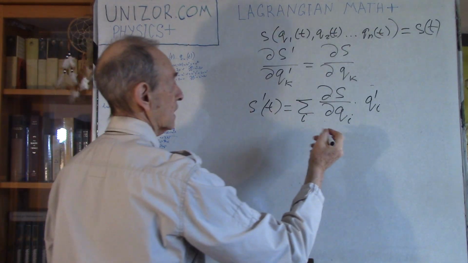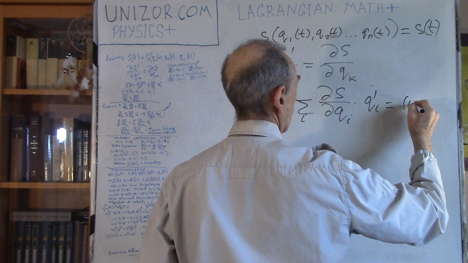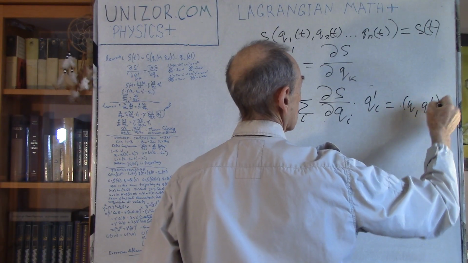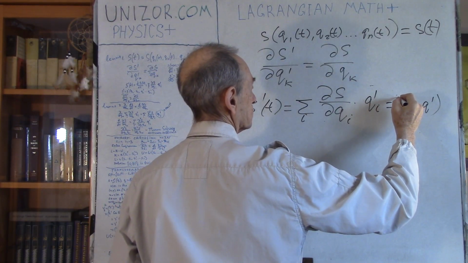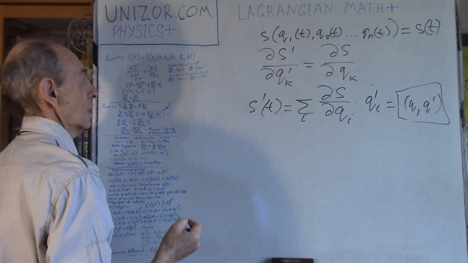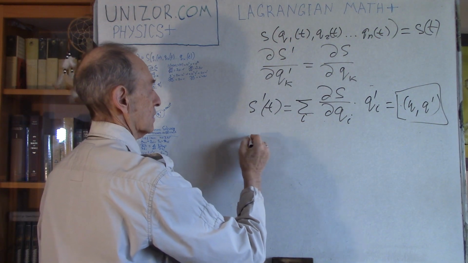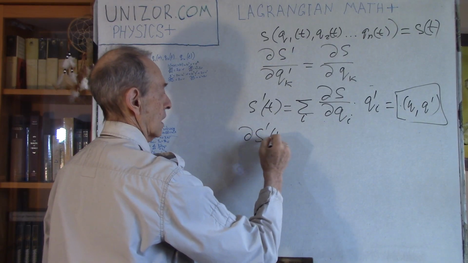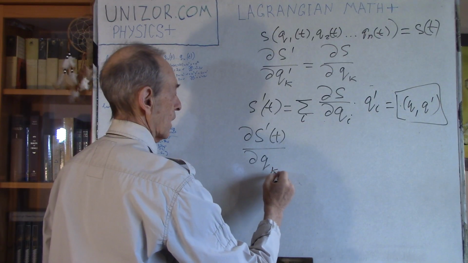So basically it's a function of all the q's and all the q primes, right? Some kind of a function. So now, if we would like to have the derivative ds prime by dq prime.